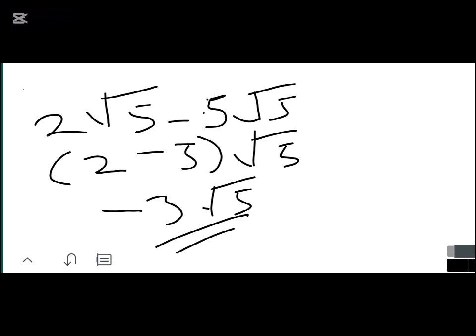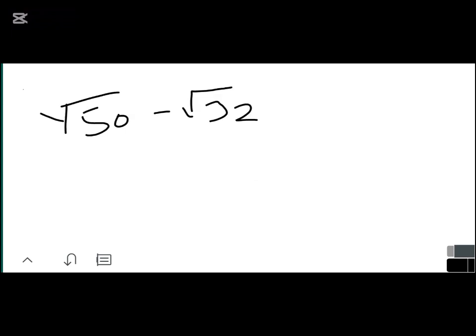It's not every time that the question will come in a more simplified form. If you have a bigger number, you need to reduce the set to its simplest form before you subtract. For example, let's say we are given square root of 50 minus square root of 32. They are not of the same form. They are complex. You have to reduce it.